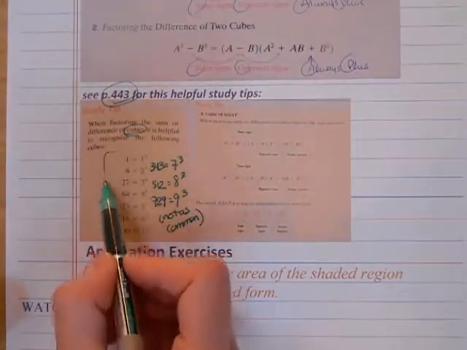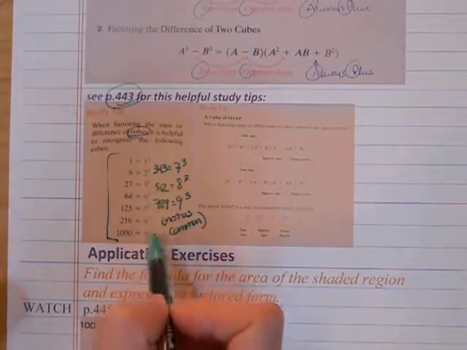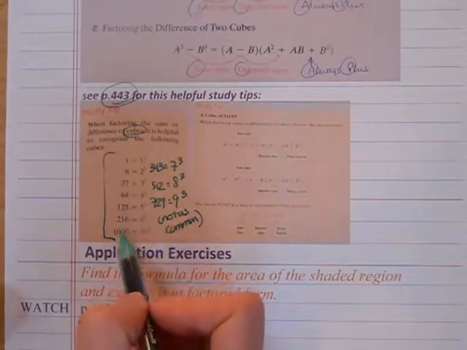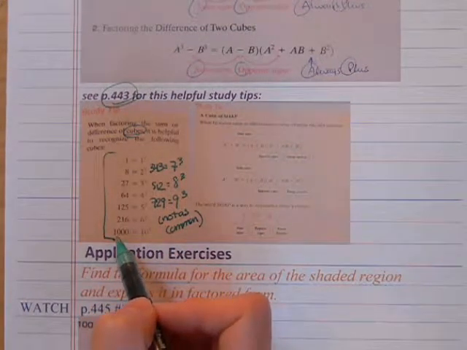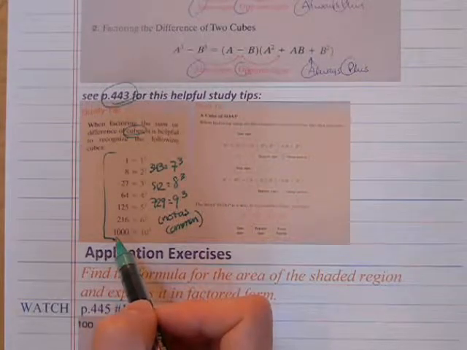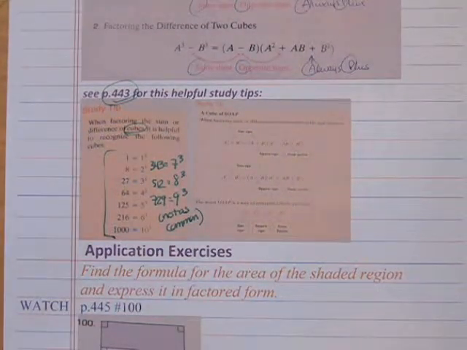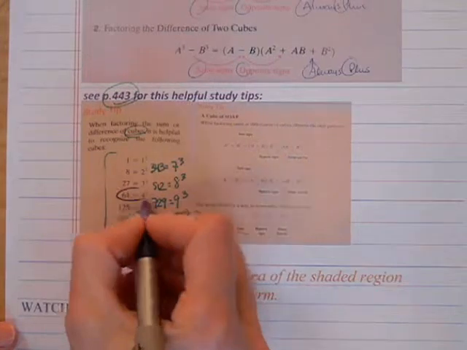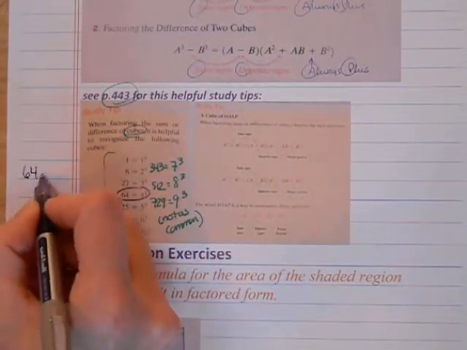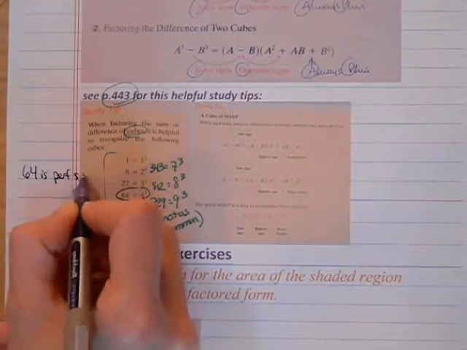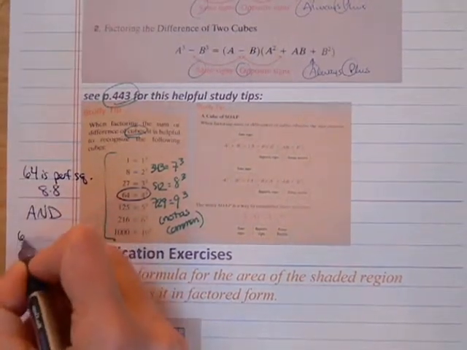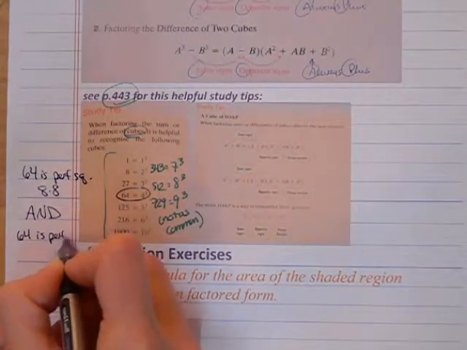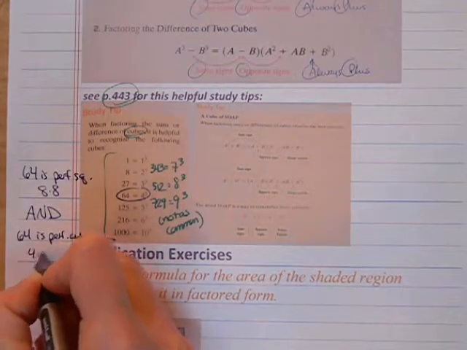If you focus on the 1 through 6 cubed and the 10 cubed, recognize these numbers here on the left. When you see them, hey, that's a perfect cube. Now I know I'm dealing with sum of cubes or differences of cubes. The one to watch out for is that 4 cubed equals 64, because 64 is a perfect square, 8 times 8, and 64 is a perfect cube, 4 times 4 times 4.